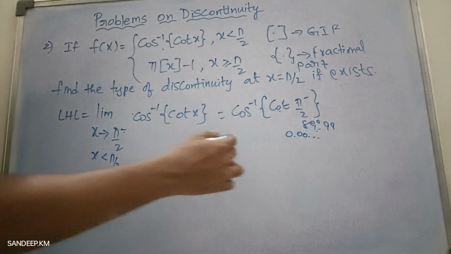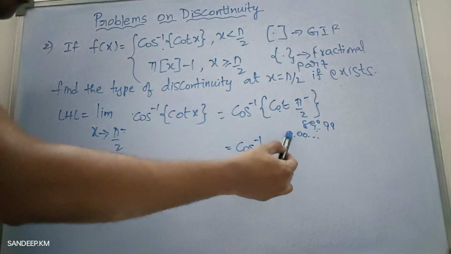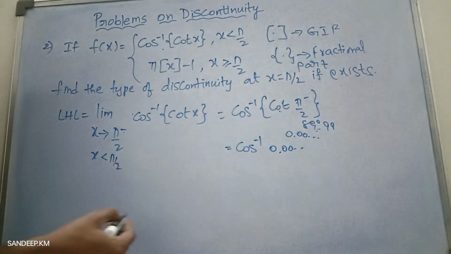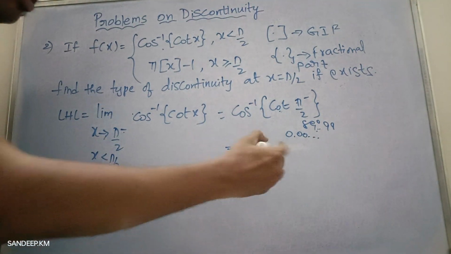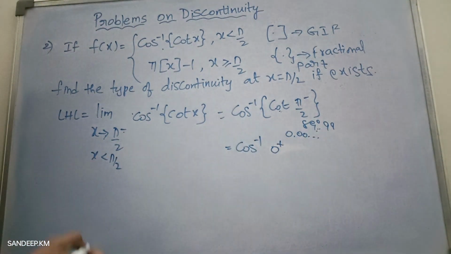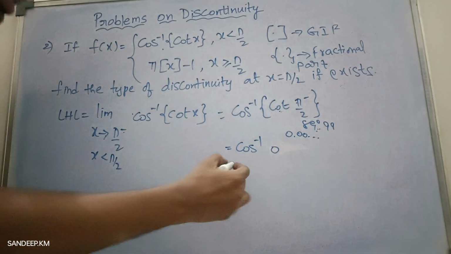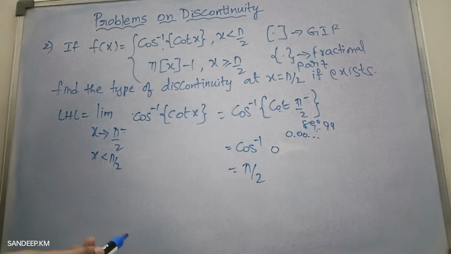Is it clear? So cos inverse of the fractional part of 0.000 and so on is 0.000 and so on. But we will not generally write that. We will write 0 plus. And even 0 plus is not needed. Cos inverse of 0, and what is the answer? It is equal to pi by 2.